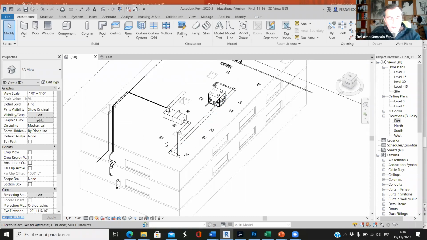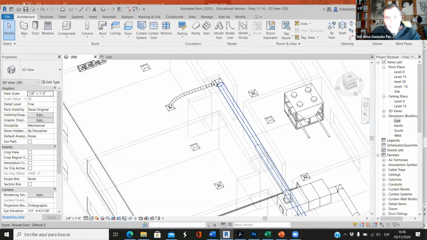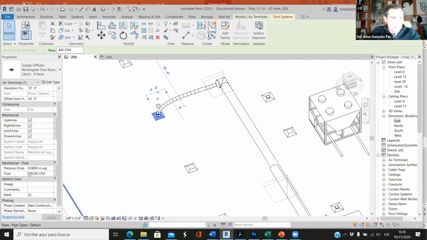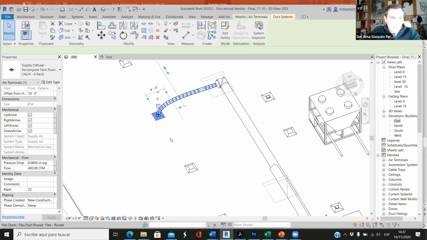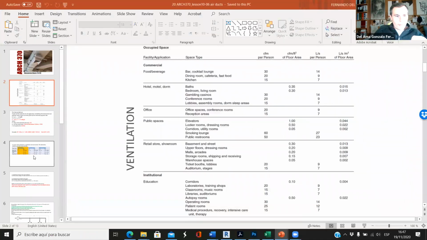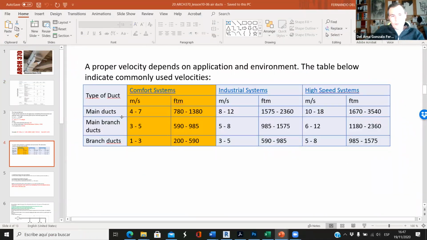Okay, so now we are good with this. And now we have to check the speed. So here the supply diffuser CFM is 400. And if we click here, the flow is 400, that's correct. And the velocity is 1,145. Is it good? Okay, so that's why we need to connect things, because now we have to connect this to this table. We're talking about the branch duct, and the speed should be from 200 to 500 or 600.